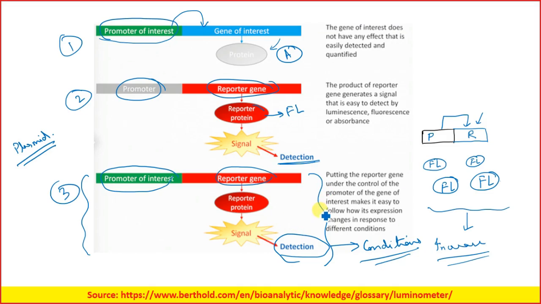The higher the intensity of the bioluminescence, the higher is the activity of the promoter of interest. If there is a lower bioluminescence, then the activity will be lower. So this is what you will be getting.